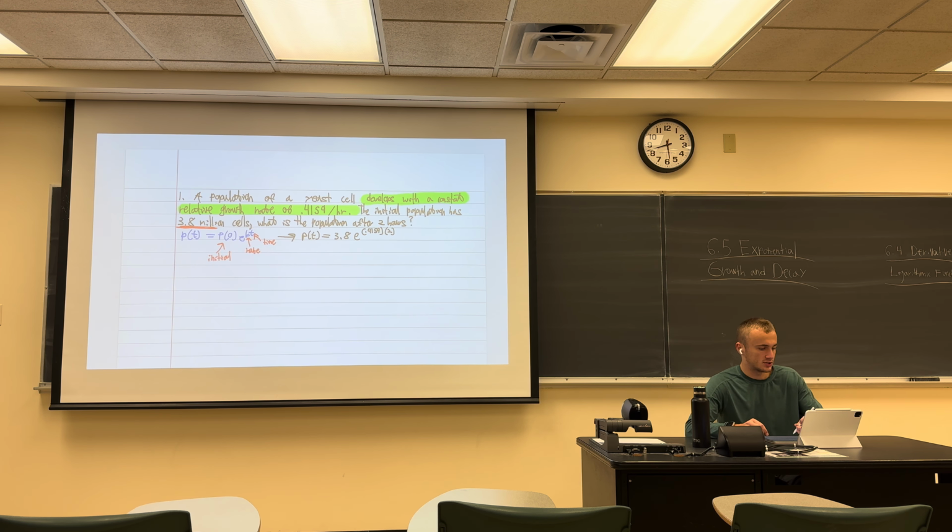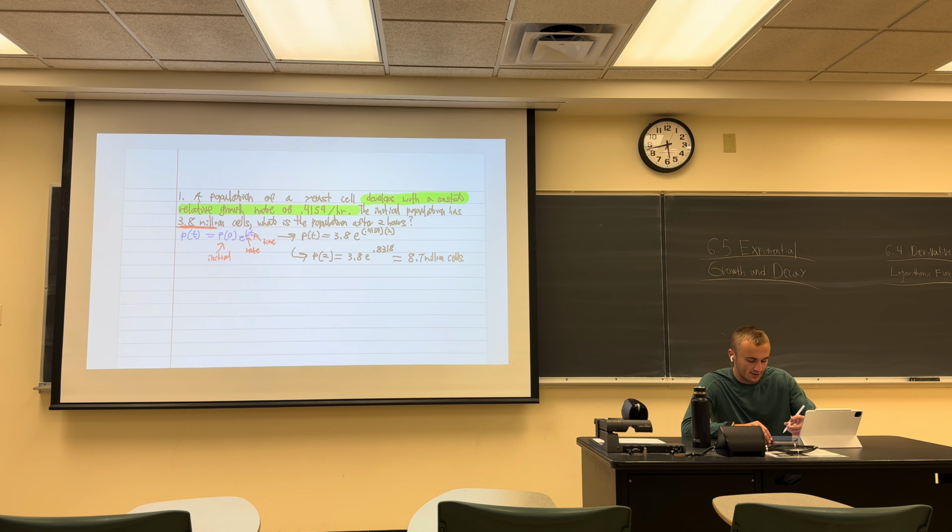And then you can just check this with the calculator. P of 2, for 2 hours, equals 3.8 e to the 0.8318. That's this term here multiplied together, and then completely simplified, this would be 8.7 million cells.